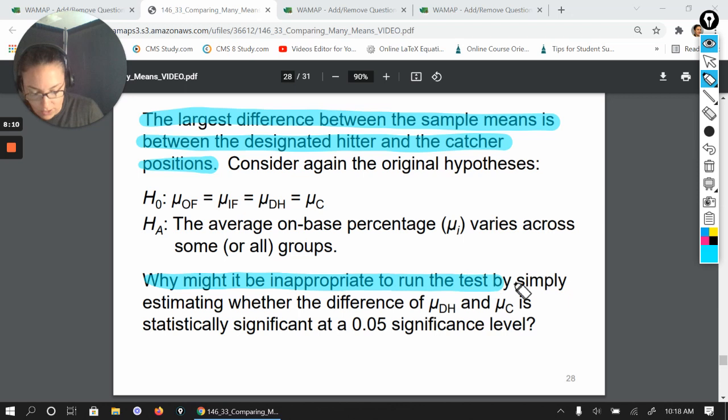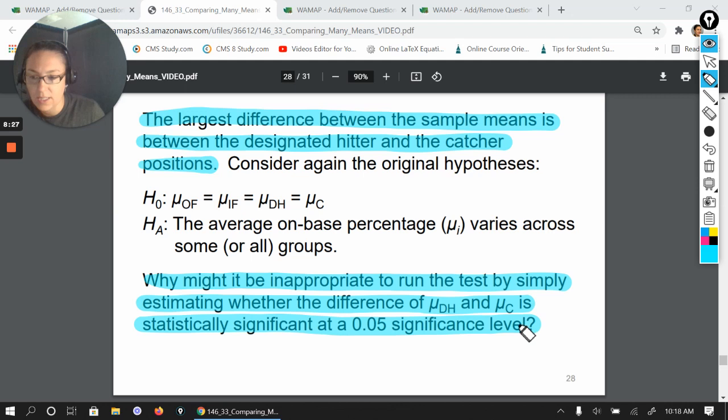Why might it be inappropriate to run the test by simply estimating whether the difference of the mean for the designated hitter and the mean for the catcher is statistically significant at a 0.05 significance level? In other words, why should I still include the data for the other two positions if I know the biggest differences are between designated hitters and catchers? Why should I still include the means of the other two positions as part of my analysis? That's the question.